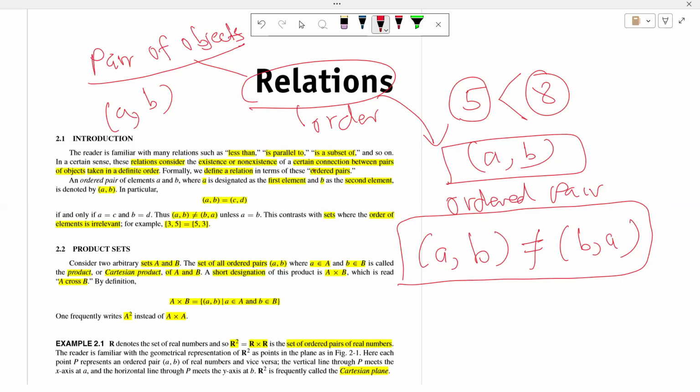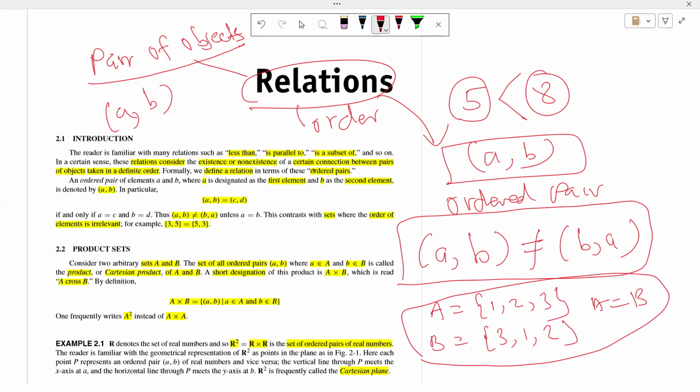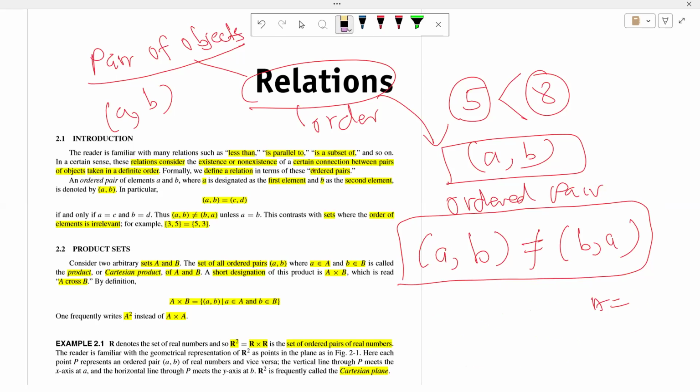Both are not equal. But if you look at set theory, A is a set 1, 2, 3, and B is a set 3, 1, 2, we can say A is equal to B. In set theory, order is not important. But in a relation, the order of the elements is mandatory.